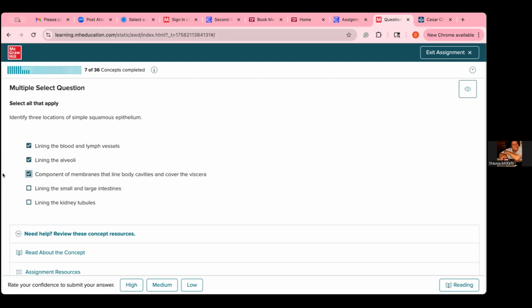No, the kidney tubules are cuboidal, so that's not it. So just those three. Just those three.